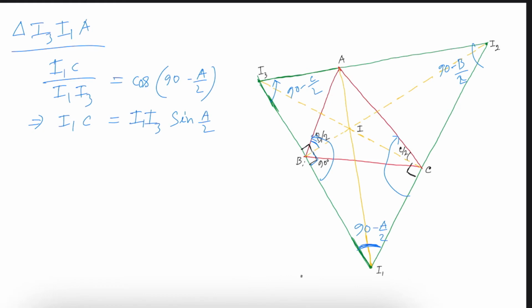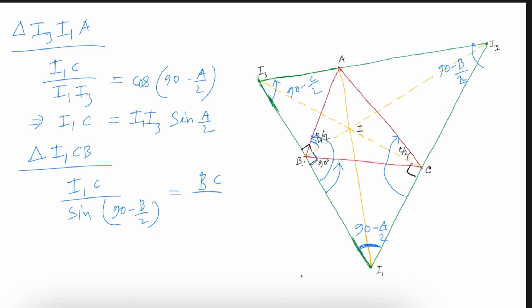So now if we see the triangle I1CB, if we apply the sine rule in this triangle, then we can write I1C by sine of this angle, this angle is nothing but 90 minus B by 2, right, is BC by this angle, that is sine I1, and we know I1 is 90 minus A by 2, right?